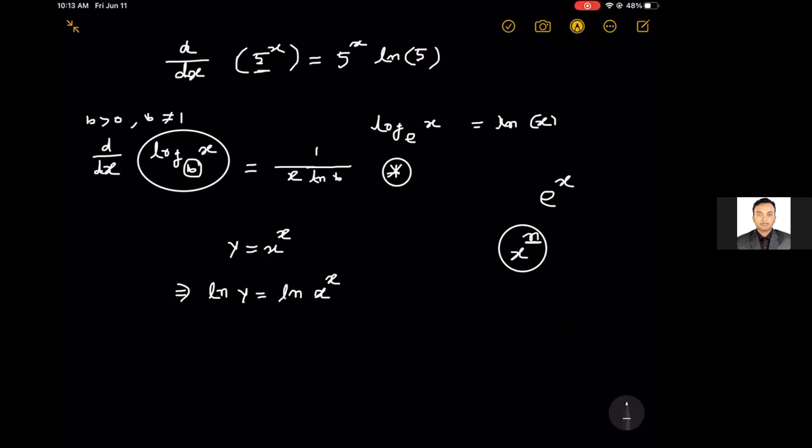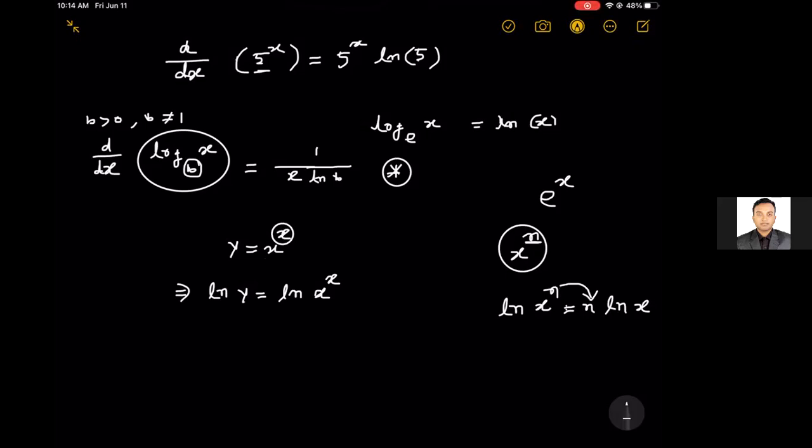Whatever I do, I have to do it on both sides. So if I take a natural log on my right, since it's an exponent, using the natural log of this format, x to the n, the exponent comes in front. I want to use this property so that the exponent can come down here, which will make my life easier.